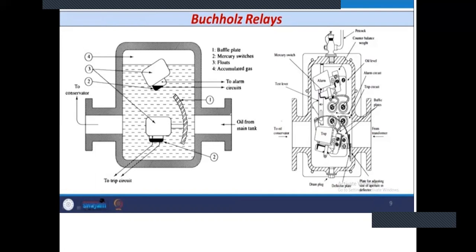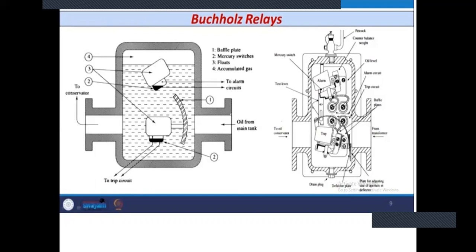So below each float, a mercury switch is provided, as shown here. Along with this mercury switch, the upper float is meant for the alarm circuit, to indicate that some type of minor fault has occurred.